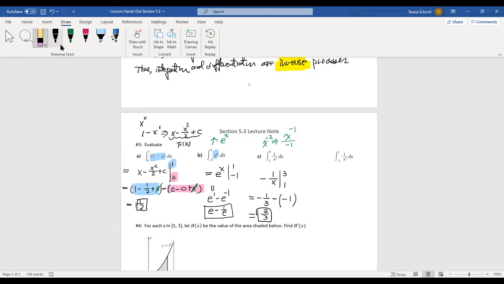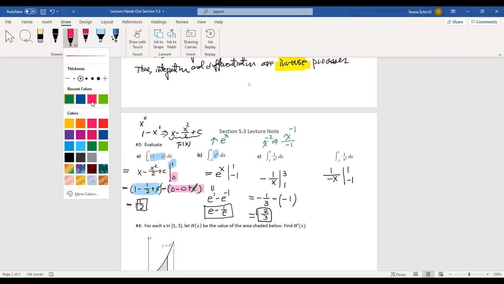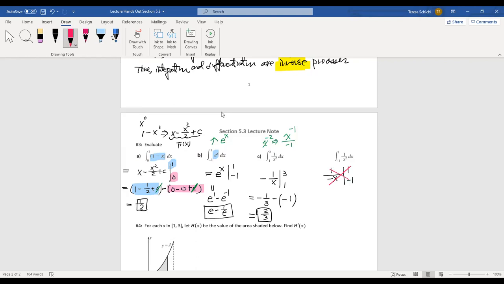In this one, the antiderivative is -1 over x, right? So we can do it like this: the antiderivative is -1 over x, and there's 1 and -1. Is this correct? No, this is not correct. Why is this not correct?